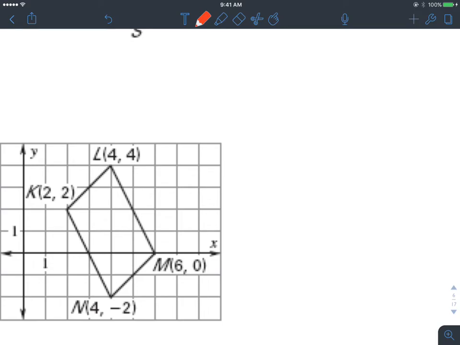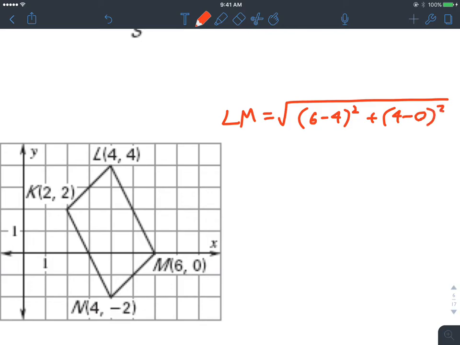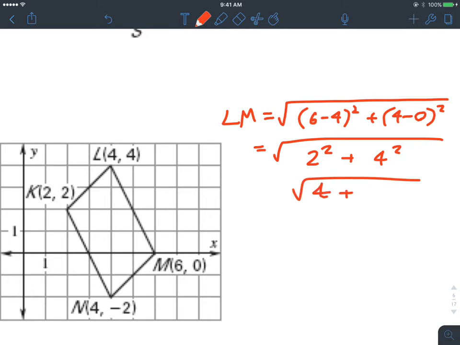So I'm going to do the distance formula with LM. The difference of x's, 6 minus 4 squared, and then the difference of y's, 4 minus 0 squared, and then we'll square root all that and see if it comes out the same. 6 minus 4 is 2, and 4 squared, so that'd be 4 plus 16, or square root of 20.